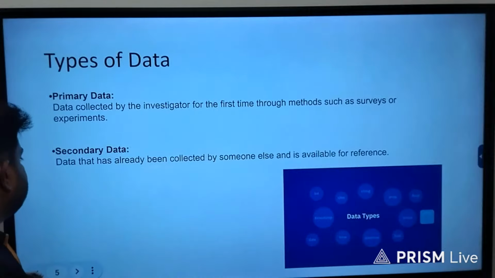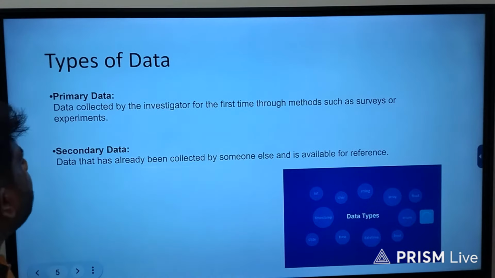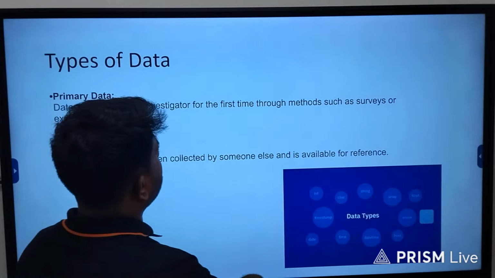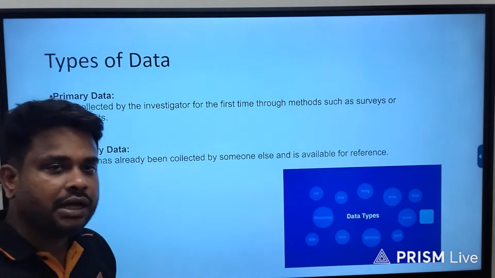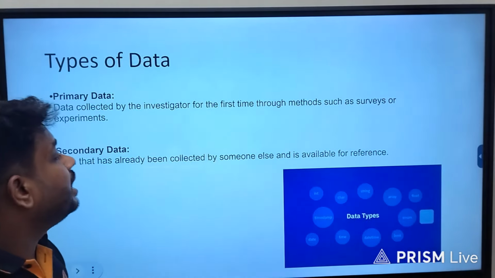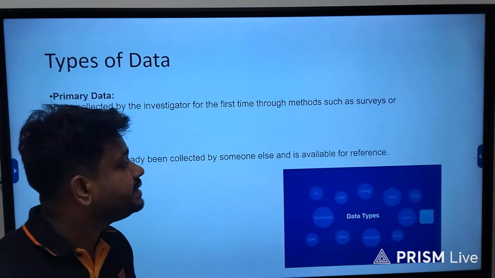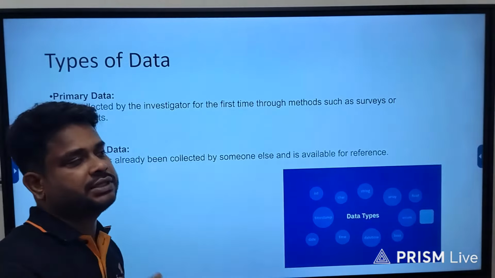The next one is primary data and secondary data. Data collected by the investigator for the first time through methods such as surveys or experiments will be termed primary data. Secondary data is data that has already been collected by someone else and is available for reference.